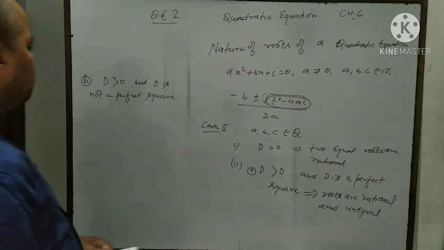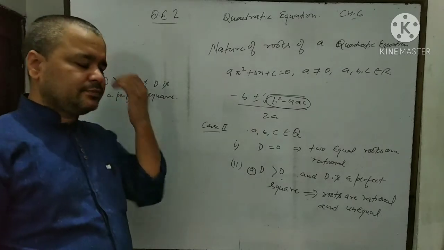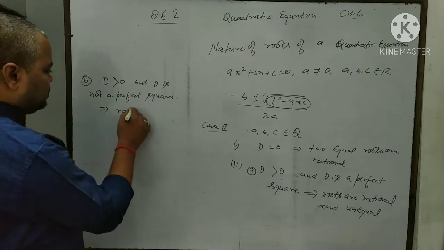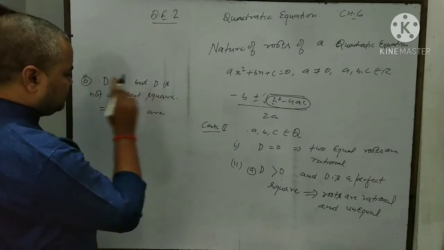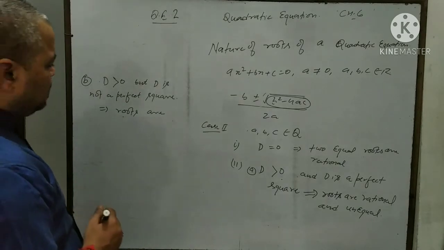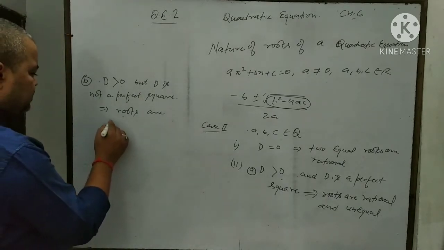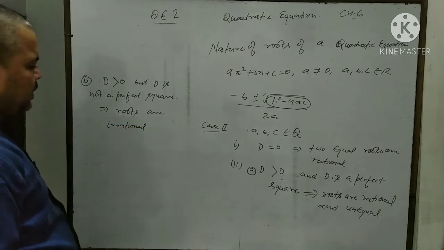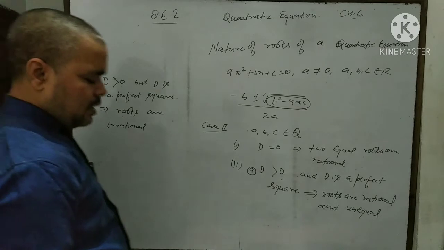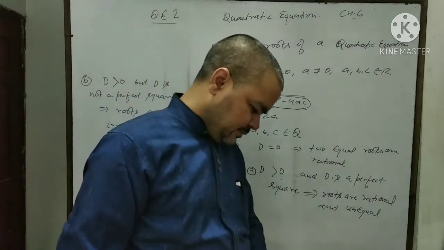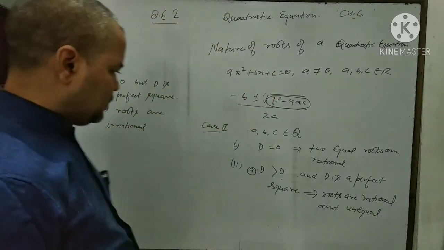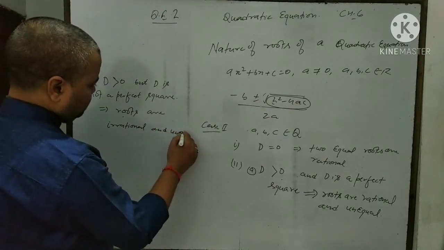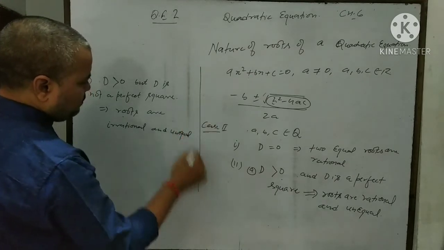If D is greater than 0 but D is not a perfect square, in this case the roots are irrational and unequal.